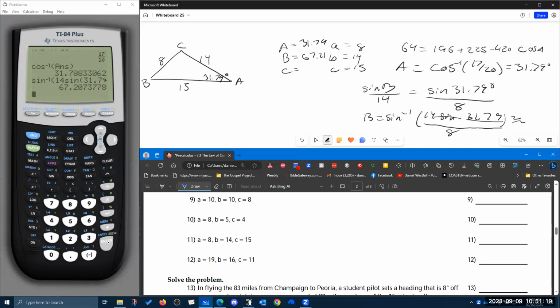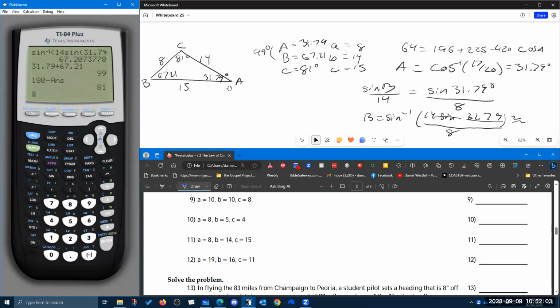When I add those together, I get a 99 degree sum here. So 81 degrees here for C. Let's just check that. 31.79 plus 67.21, 99, 180 minus. There we have it.